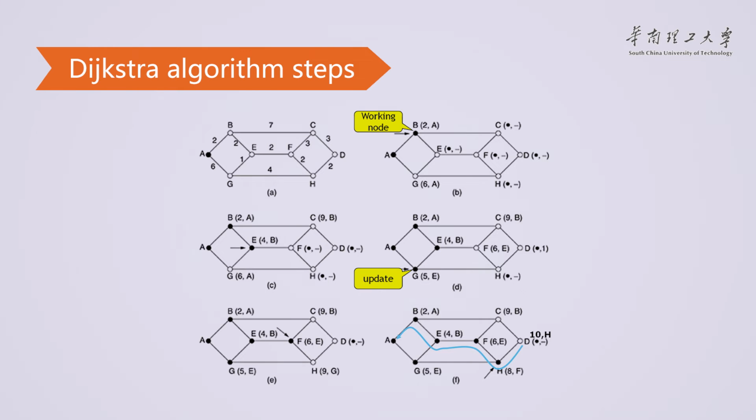B is put into the collection N, and we update the nodes connected with B, which are node C and node E. By repeating this operation, we can find the shortest path from A to D is A to B to E, F, H, and D, with the minimum distance of 10.